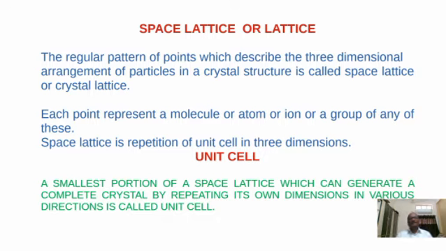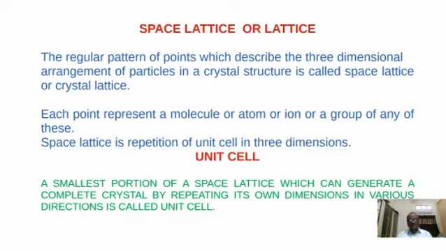What is the meaning of space lattice or lattice? Space lattice or lattice means the regular pattern of points which describe the three-dimensional arrangement of particles in a crystal structure. We have already discussed the differences between crystalline solids and amorphous solids.